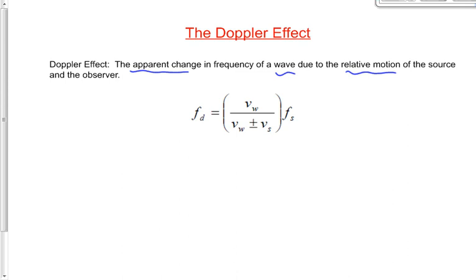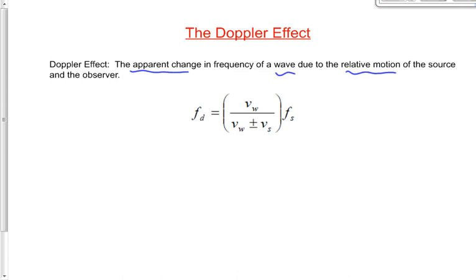The relative motion means that either the source or the observer or both is moving. When you're walking and you see somebody over there across the field, you can see you're moving relative to them. Okay? Somebody else that's kind of over on the side, kind of looking at the two of you, if not looking at the outside frame of reference, might not be able to tell who's moving.